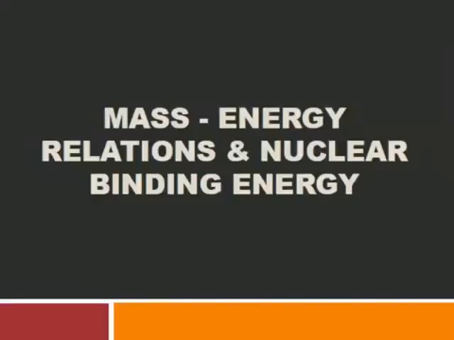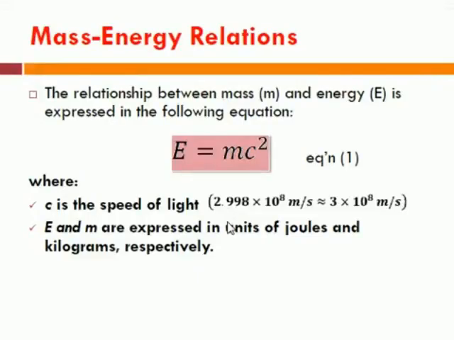Mass energy relations and nuclear binding energy. The relationship between mass and energy is expressed in the following equation. We have equation number 1, E is equal to mc squared, where c is the speed of light, equal to 2.998 times 10 raised to 8 meters per second, or approximately 3 times 10 raised to 8 meters per second.